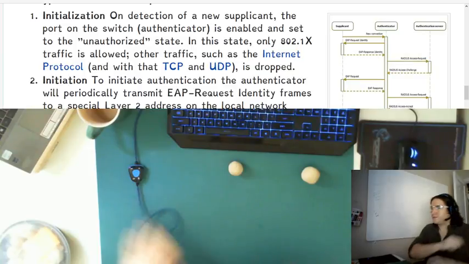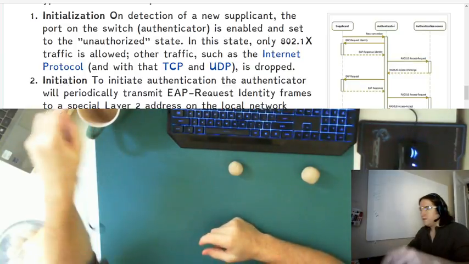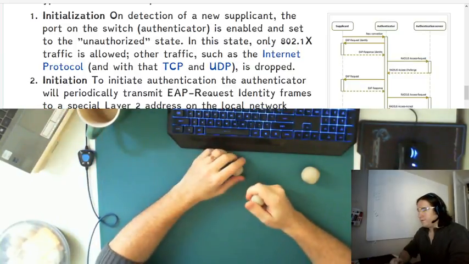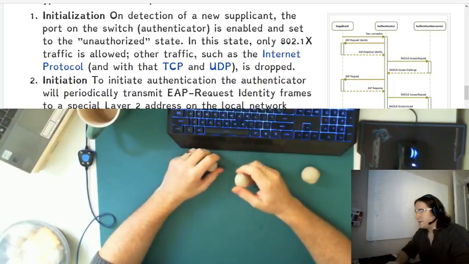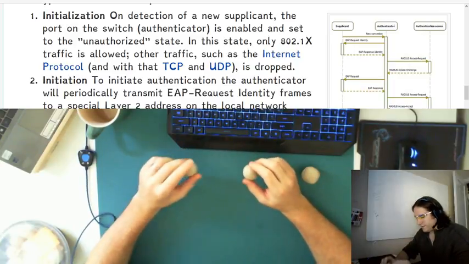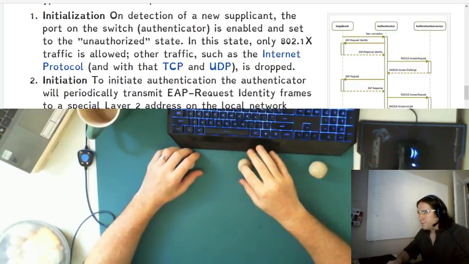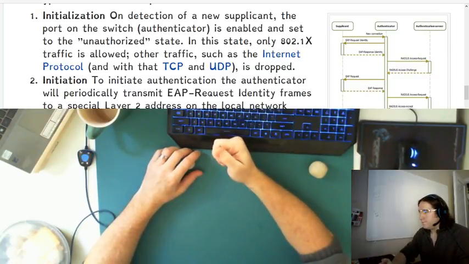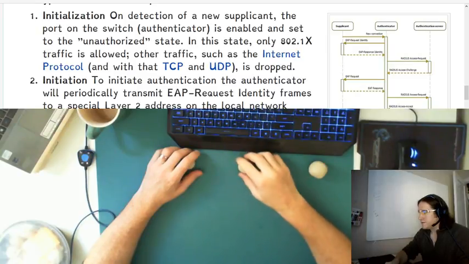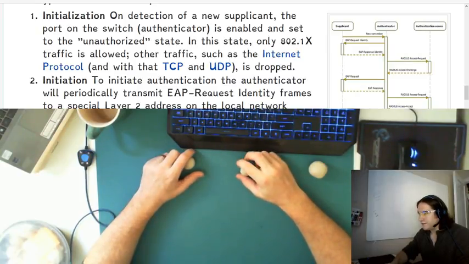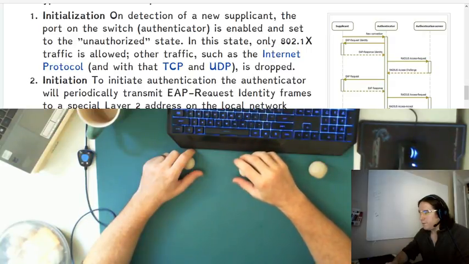Other traffic, such as Internet Protocol, and with that TCP and UDP, is dropped. So the port on the switch, the authenticator, is enabled as an unauthorized state, and only 802.1x traffic is allowed.